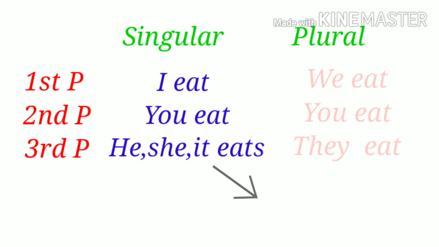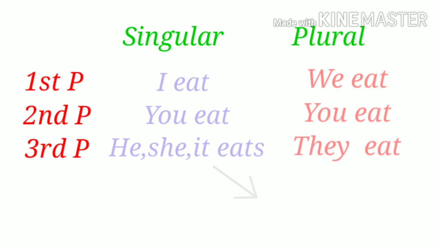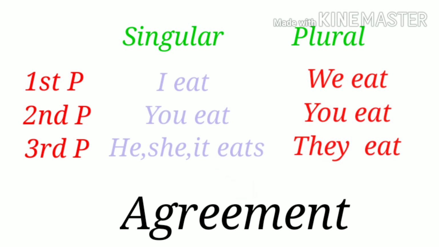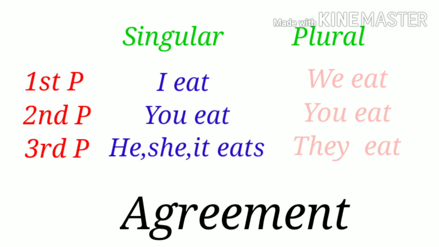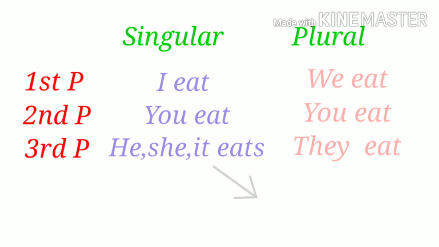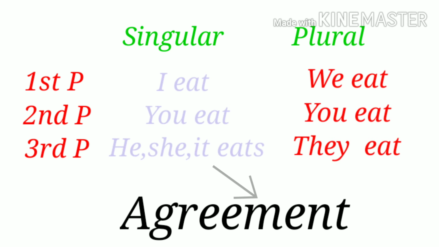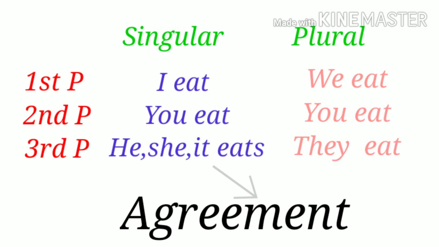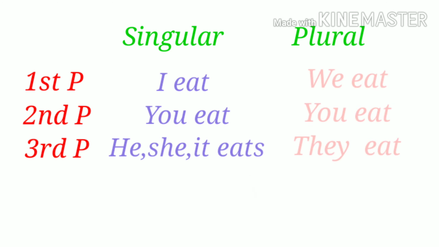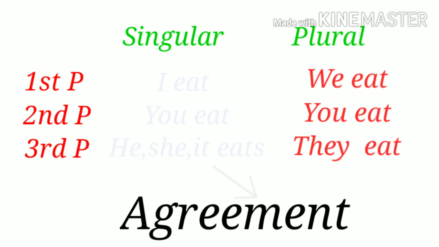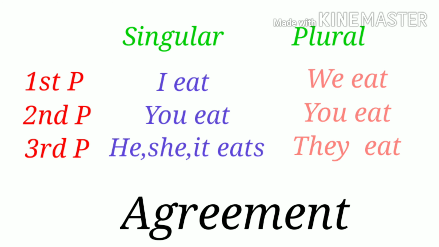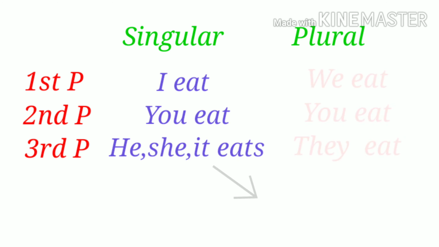Change is only seen in the third person singular number, that is s is added to the verb eat. Clear? So this is the agreement which is seen in a sentence where a verb agrees with the subject in a different manner. Okay? So most probably agreement always occurs in the third person singular number.